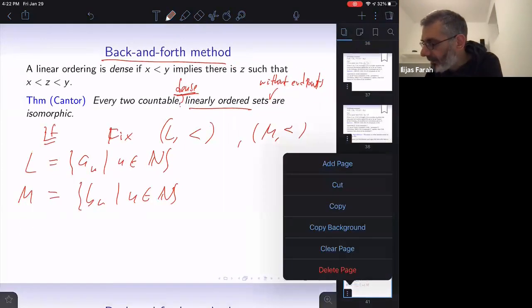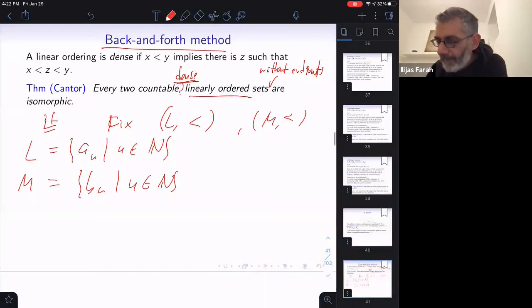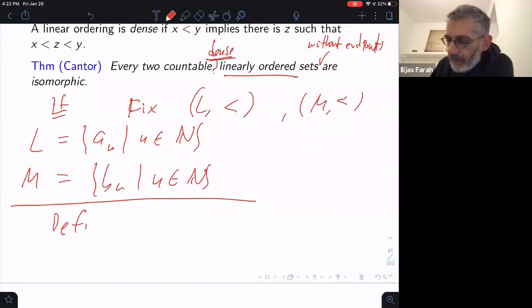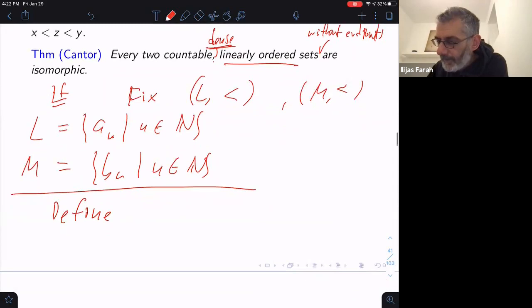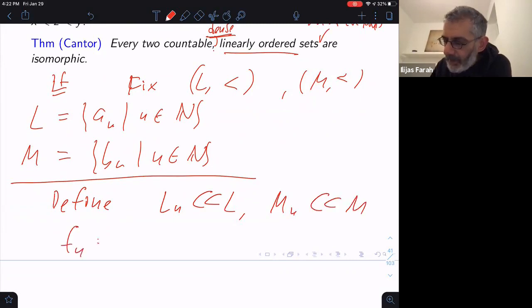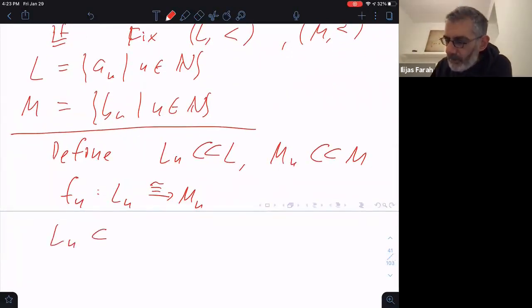Now at any given stage, we define L_n a finite subset of L, M_n a finite subset of M, and f_n, which is an isomorphism between L_n and M_n, so that L_n is a subset of L_{n+1}.